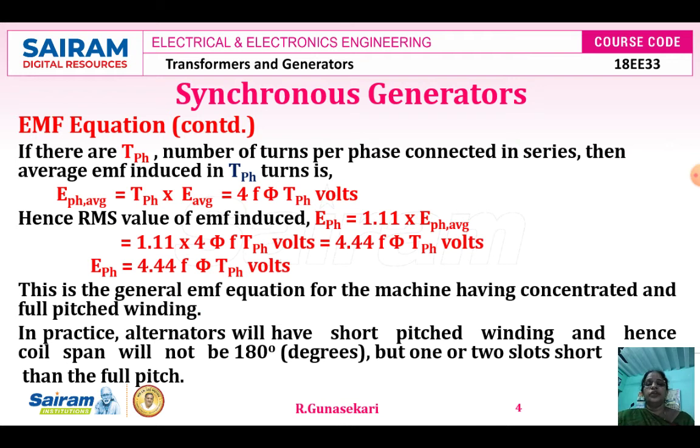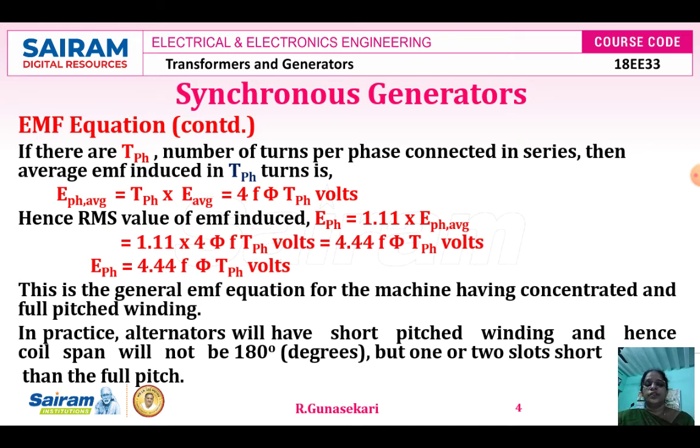So the average value is converted into RMS value. How can we convert? This is a sinusoidal waveform. The input is a sinusoidal voltage waveform. So for sinusoidal, you already know that RMS value equals 1.11 times the average value. The 1.11 represents the form factor. So the form factor is equal to what?